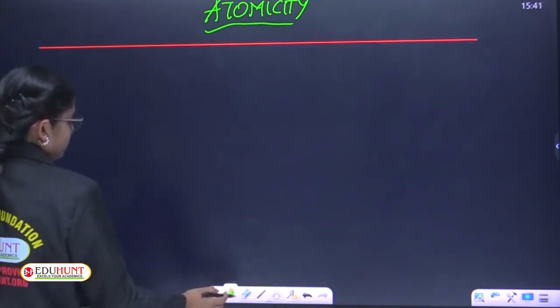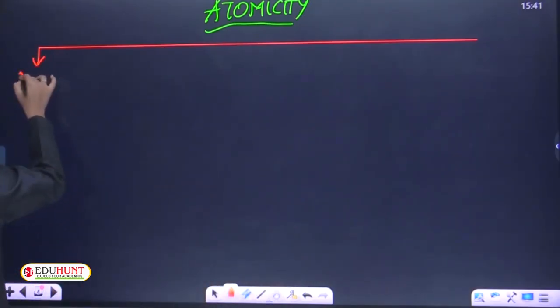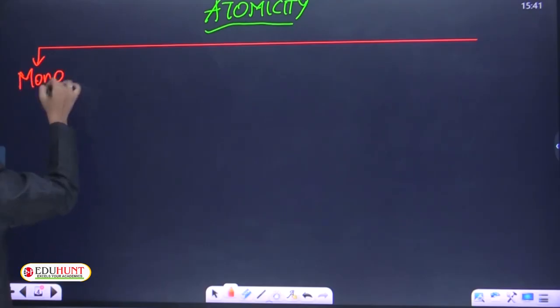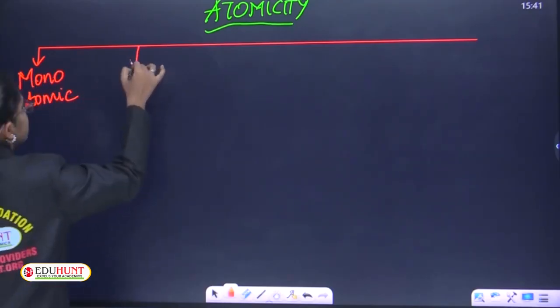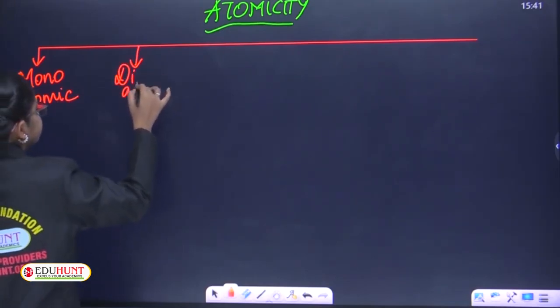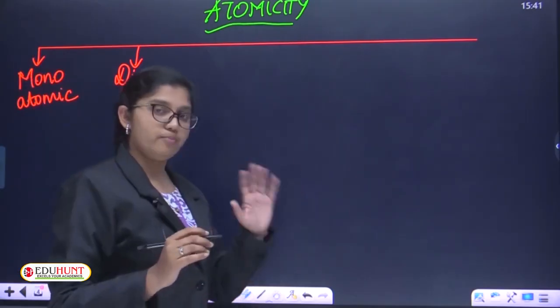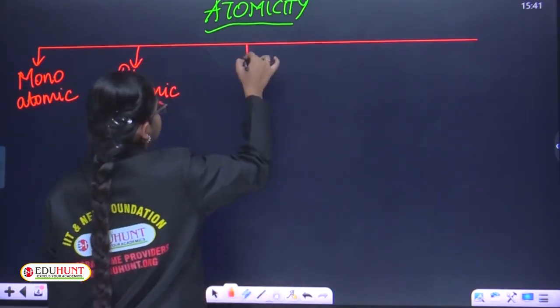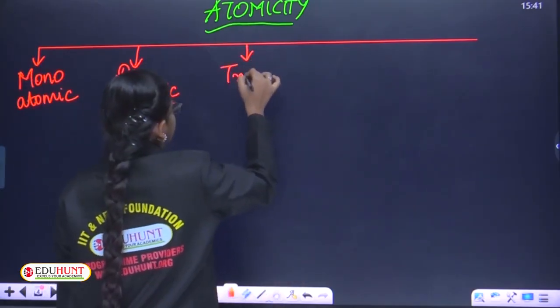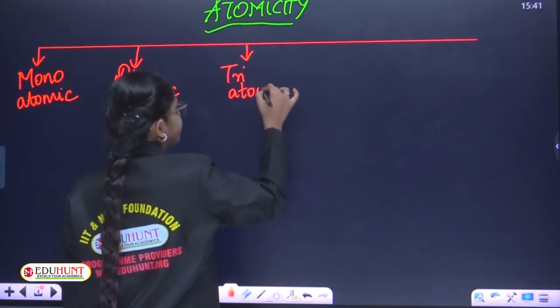So let me add here one by one. The first classification is monoatomic, as we discussed. And the second one is diatomic. And the third one I said, poly. In that poly, I'll just classify 1, 2, 3. See what those are. Triatomic.